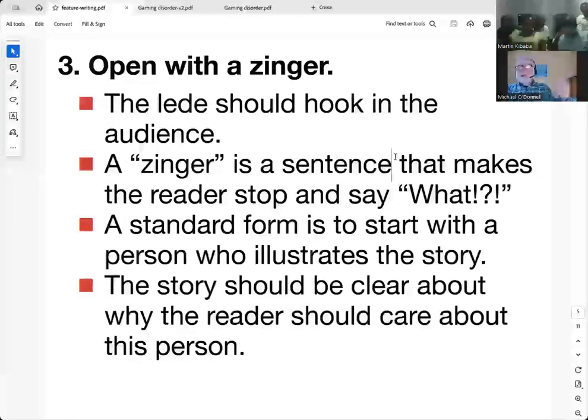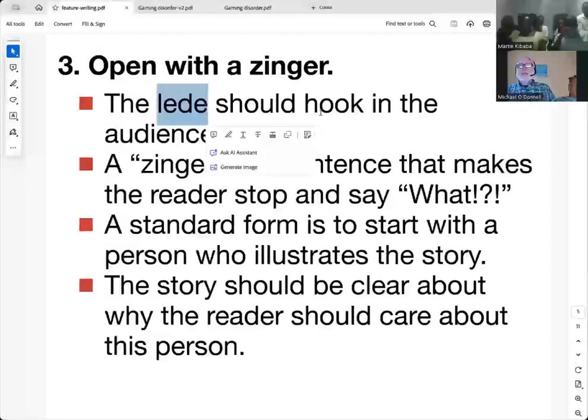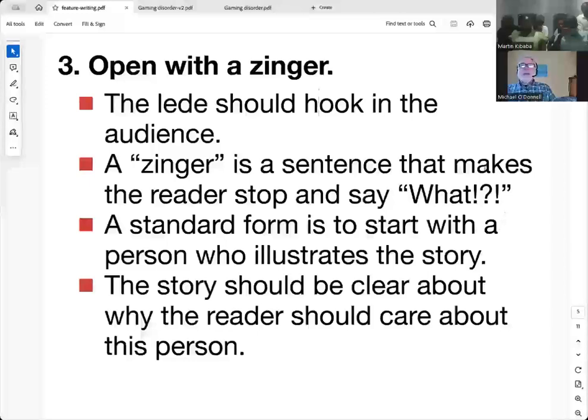It goes way back. But this is not a misspelling. It's a habit. The lead should hook the audience in, and so the zinger is a sentence that makes the reader stop and say, "What?" or "Oh," or "Goodness," something that catches their interest.